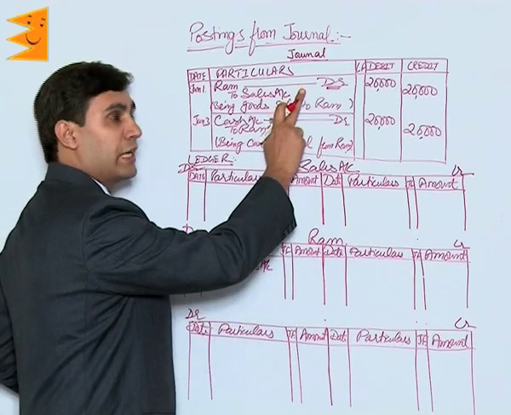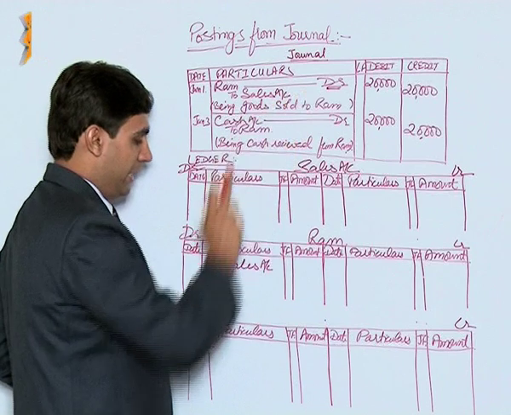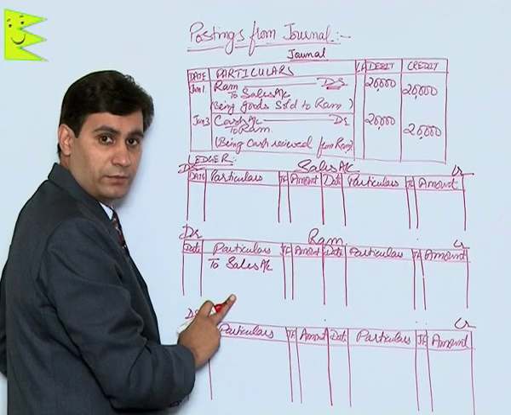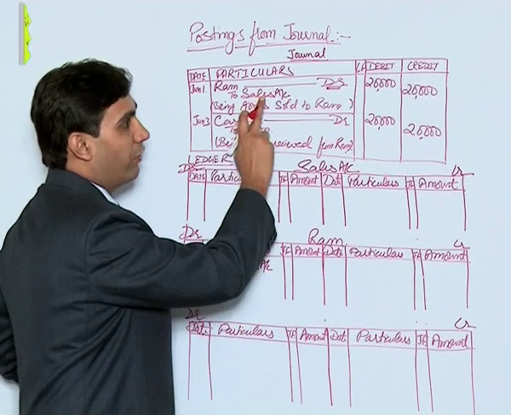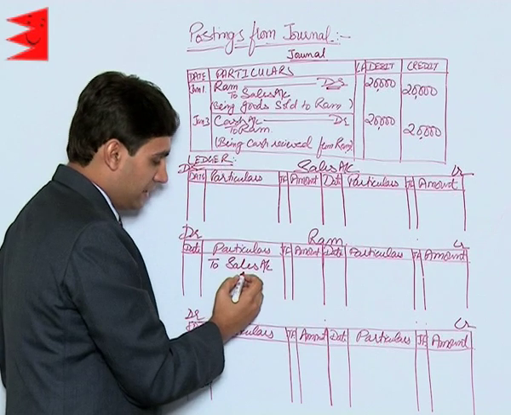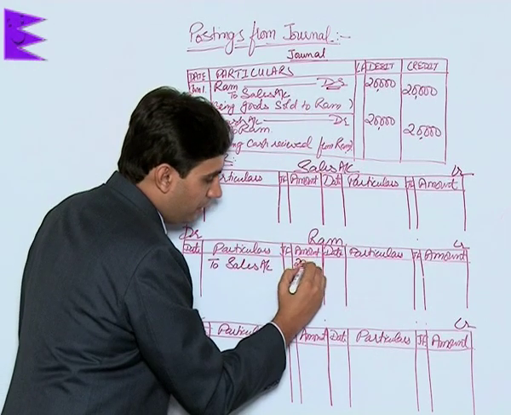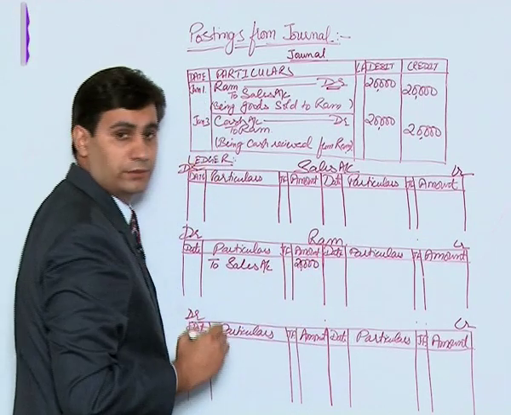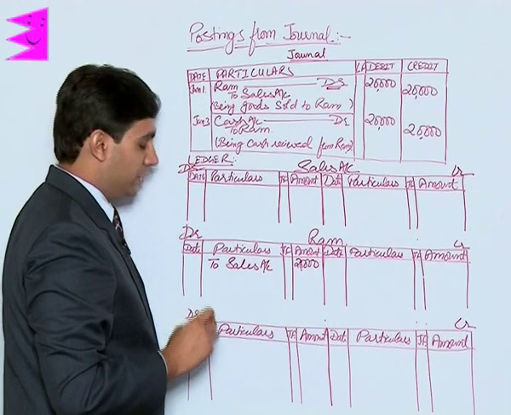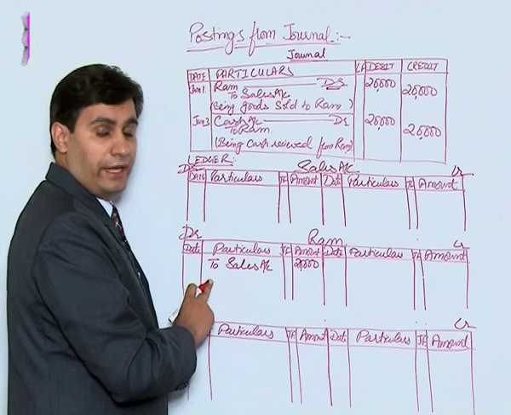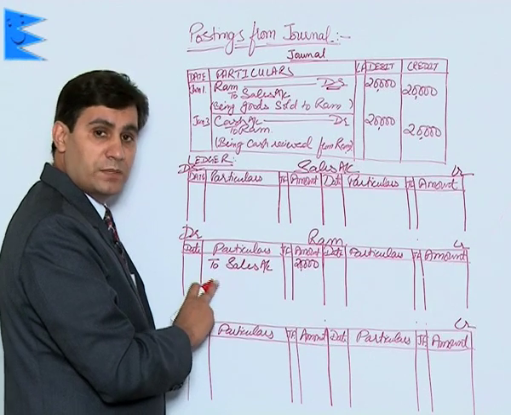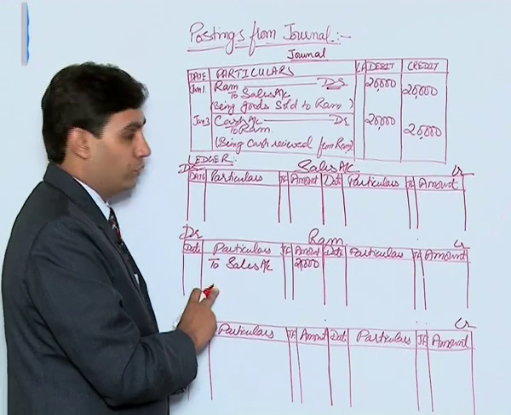Again, for the account which has been debited, the entry will appear on the debit side, but the name will appear of the second account, in this case Sales account. Amount would be 20,000. Now students, just remember every entry that is made on the debit side is preceded by 'To'.